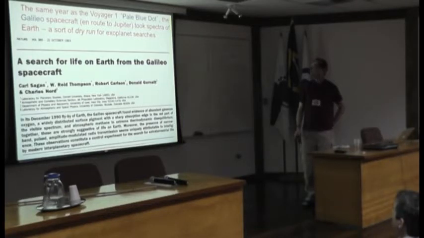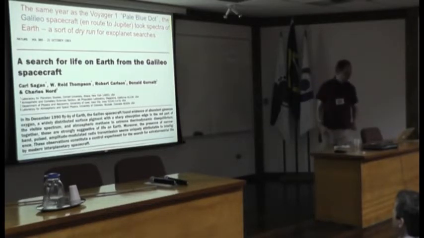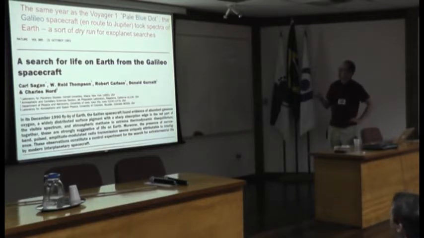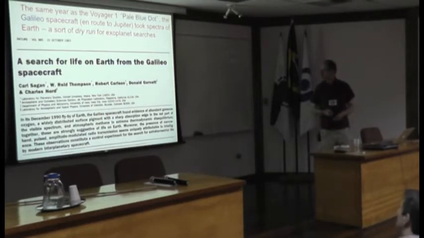So the Galileo spacecraft had to do a gravity assist, or more than one gravity assist, to get to Jupiter. And in this pathway, it looked back at the Earth, and the instruments took spectra of the Earth. And this is the paper published in 1993, A Search for Life on Earth, from the Galileo spacecraft.